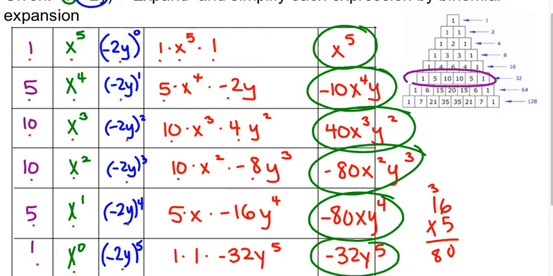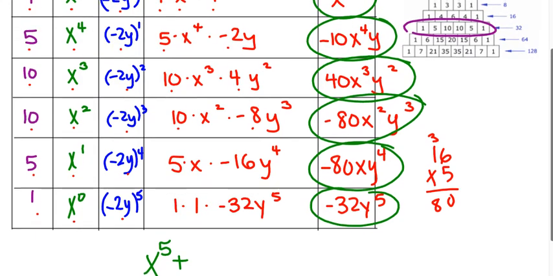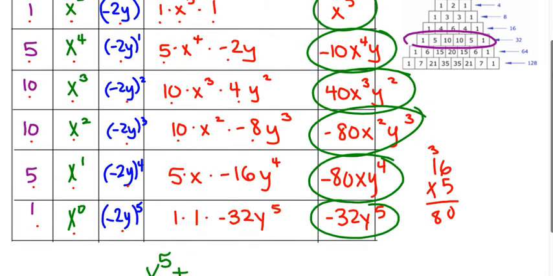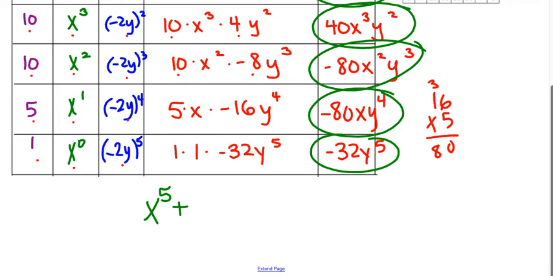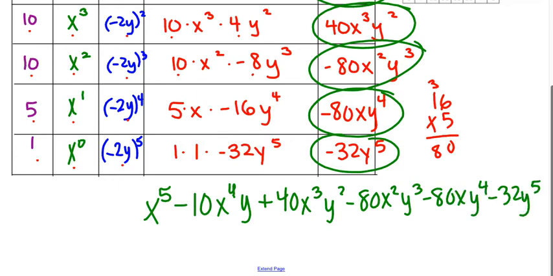So we have x to the fifth minus 10x to the fourth y plus 40x cubed y squared minus 80x squared y cubed plus 80x y to the fourth minus 32y to the fifth. And that's our final answer.